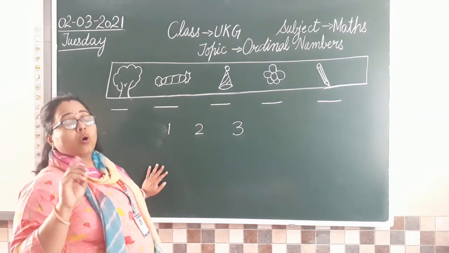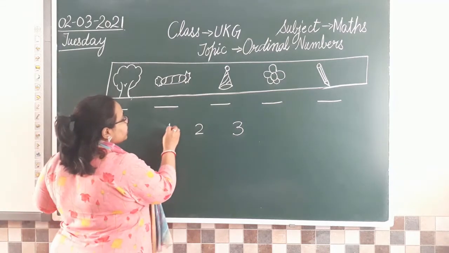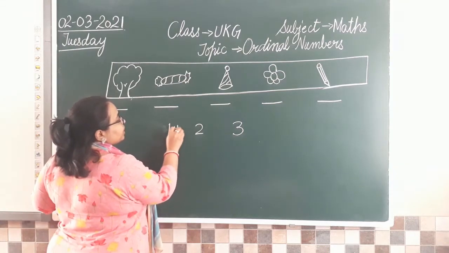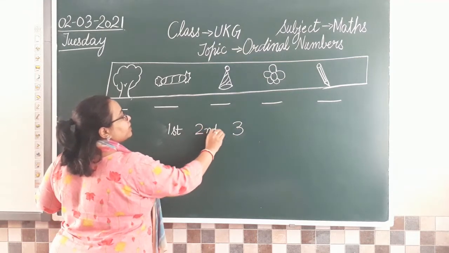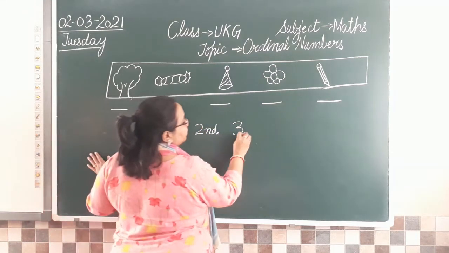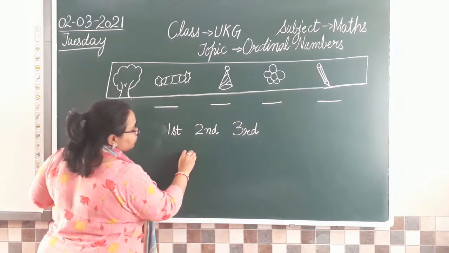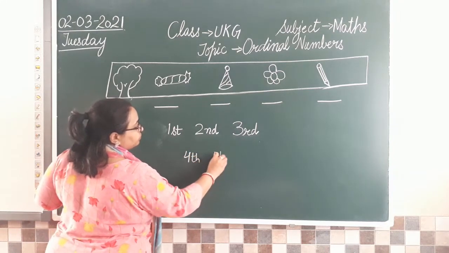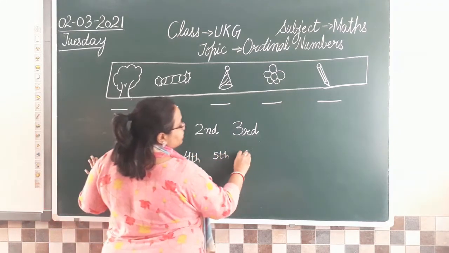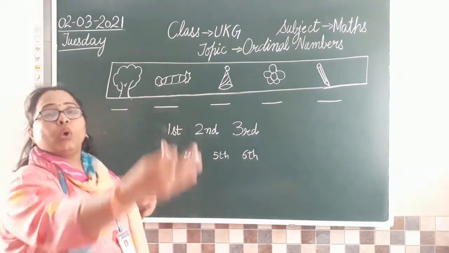No, we don't. We always say first. So we always write ST like this. Second, ND. Third, like this. Then we have fourth, fifth, sixth, isn't it? And it keeps on going.